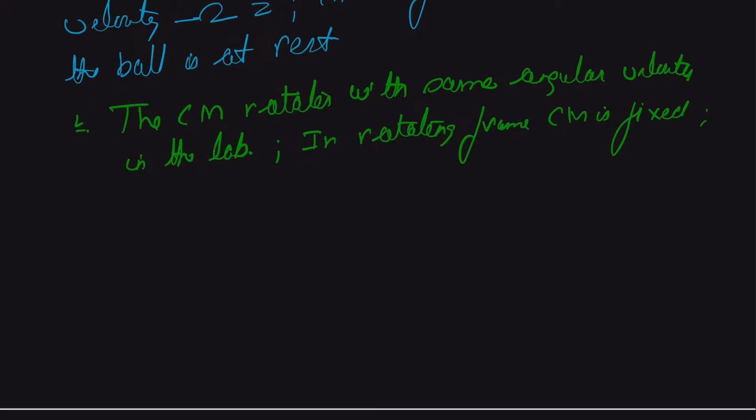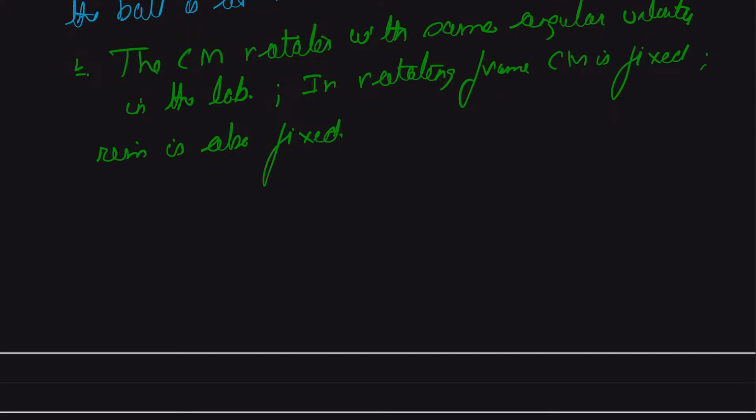And we already know that our rim is also fixed, so rim is not moving. Therefore, from here we can draw an important conclusion. It means that only the ball's own spinning motion is left to be discussed.